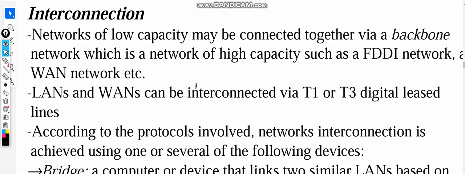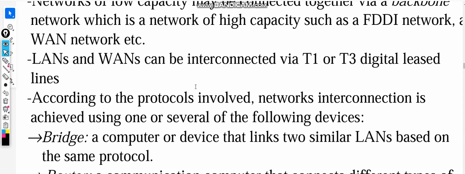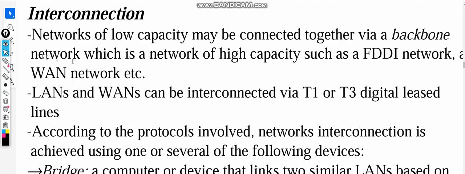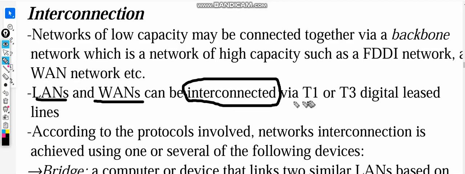LANs and WANs can be interconnected via T1 or T3 digital leased lines, DSL.